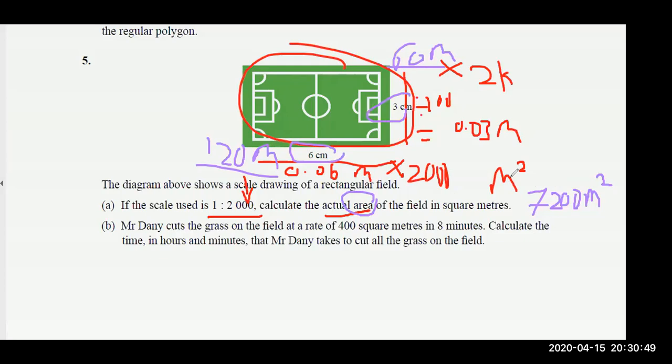Okay. So for part B, Mr. Danny cut the grass on the field at a rate of 400 square meters in 8 minutes. Calculate the time, at the rate.